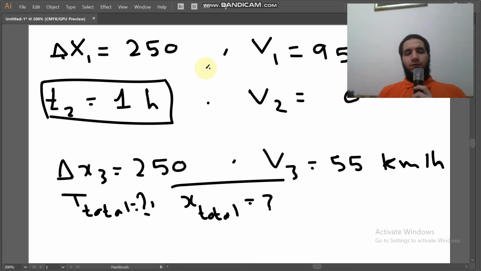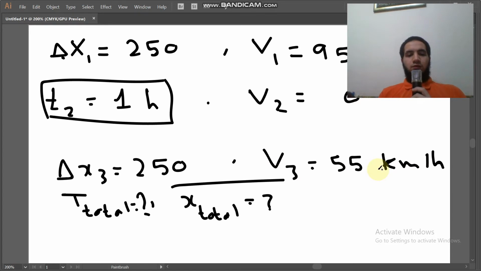And then we have the second section, which is the lunch break, where it had a break of 1 hour, of course, without moving. So v2 was equal to 0 and x2 also was 0. And we have then the turning back section, where it covered 250 kilometers with the speed of 55 kilometers per hour.